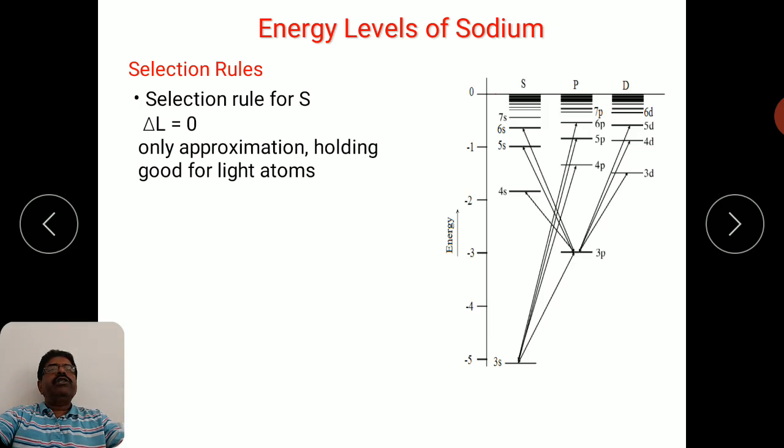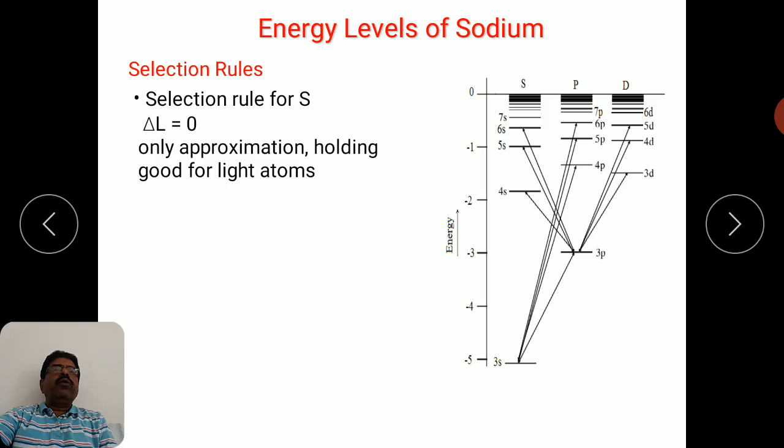Then the selection rule for S. What is S? S is the spin angular momentum. So delta S should be 0. Sorry, this should be delta S. Okay, so delta S is equal to 0.